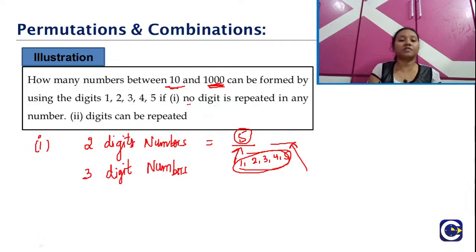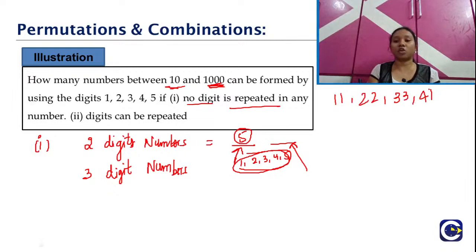And here, according to the first case, no digit is repeated. That means we cannot have 11, we cannot have 22, 33, 44 as well as 55. Yes or no? So if one number is fixed, that number cannot be placed here.